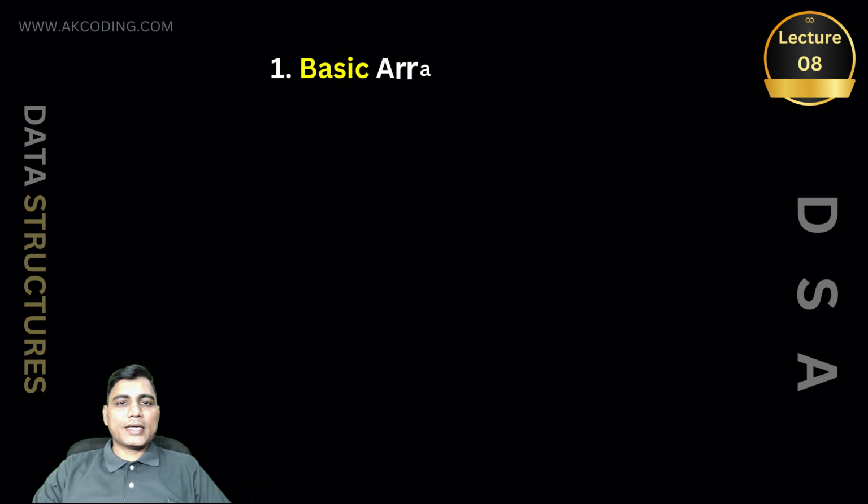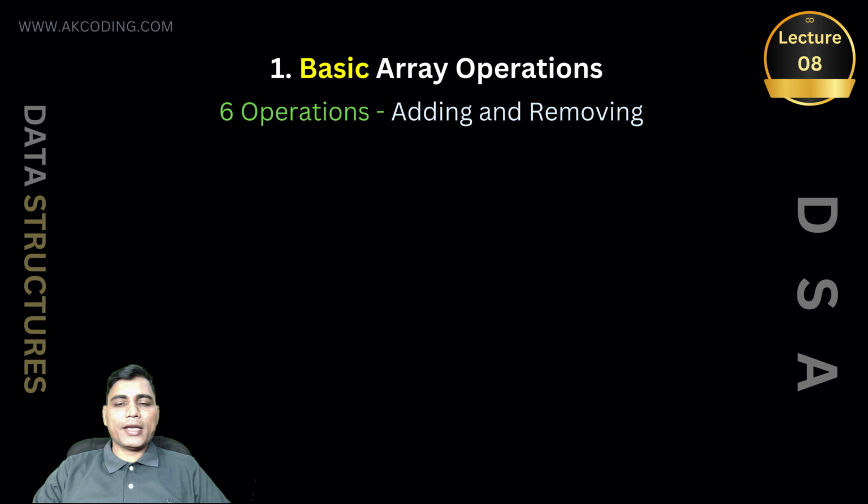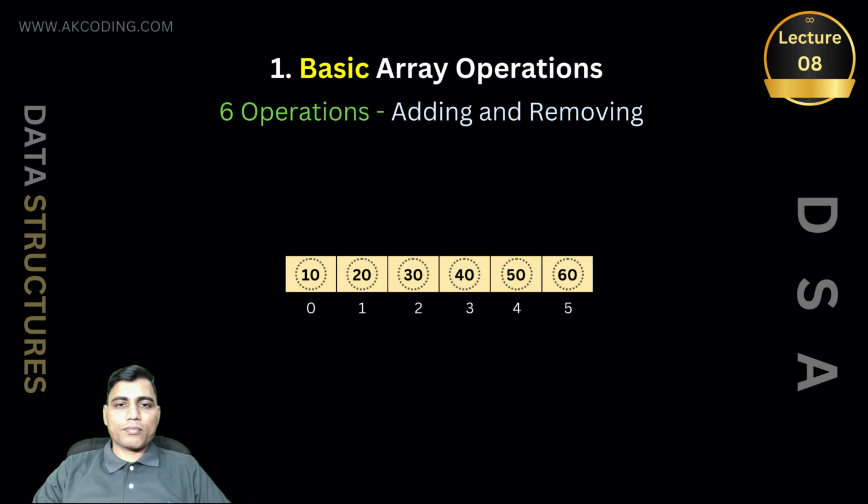Number 1, basic array operations. The basic array operations are the fundamental techniques used to work with data stored in arrays. There are 6 basic operations, mainly adding and removing elements from an array. Adding elements: adding a new element at the beginning of an array, at the end of an array, and at a specific position of an array.